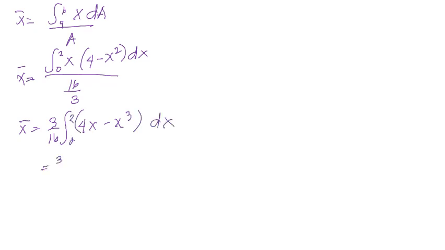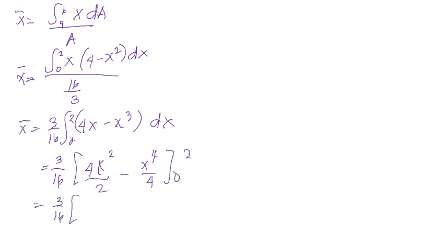So you have 16 whole over 3. This is 4 times x squared all over 2 minus x to the fourth all over 4 from 0 to 2. Now we have 3 all over 16 times substitute the value of 2 to our upper limit of our equation.